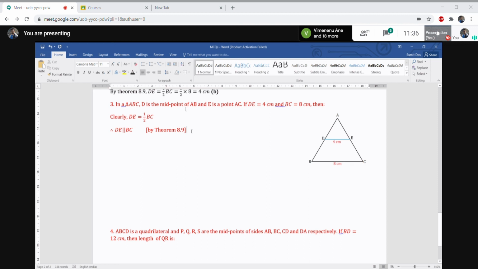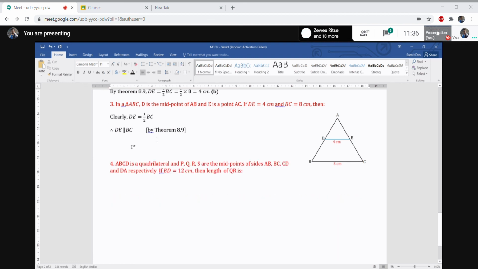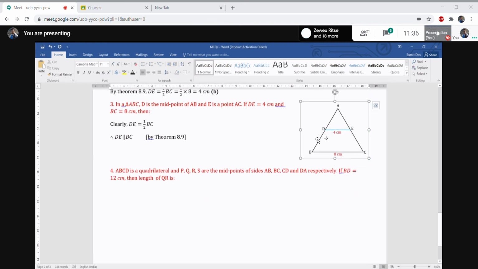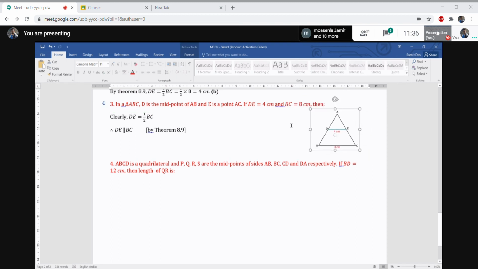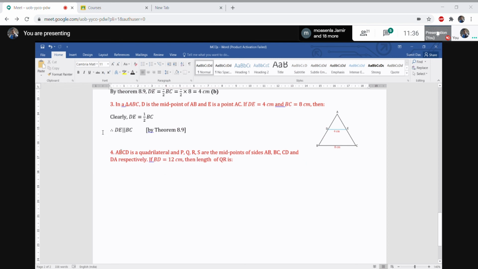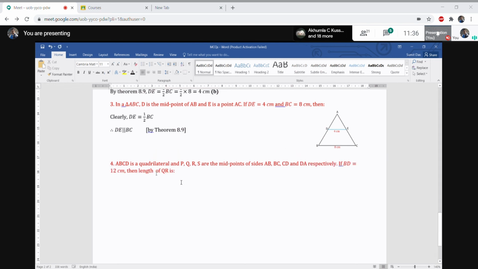Okay, so let's move on to the last question. ABCD is a quadrilateral, and P, Q, R, S are midpoints.